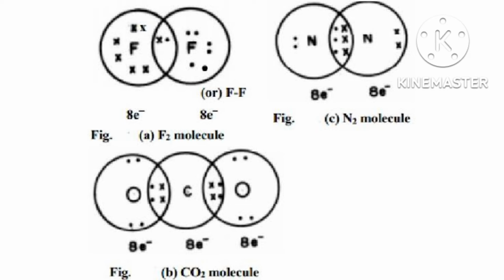If it loses 2, it becomes 2 positive, also electropositive. If 3, then 3 plus, all electropositive. Those that take one electron become 1 minus, meaning an anion. Positive is called cation, negative is called anion.